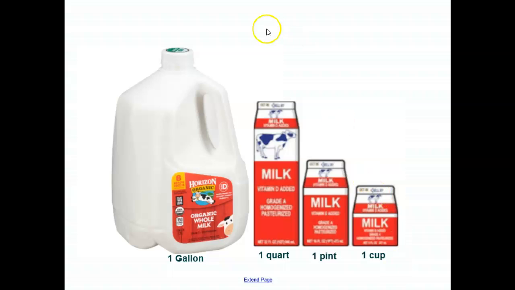So pause the screen and think if you've ever seen these amounts of milk and what you remember about them. Yes, so a gallon jug of milk would be something you would have in your fridge if you wanted to enjoy it with your family for up to 2 weeks. A quart of milk would maybe be what smaller families would purchase because they don't drink it quite as frequently. We know that there's 4 quarts of milk in a gallon.